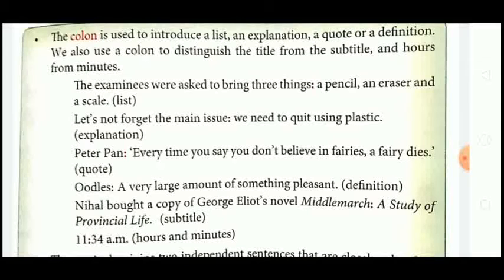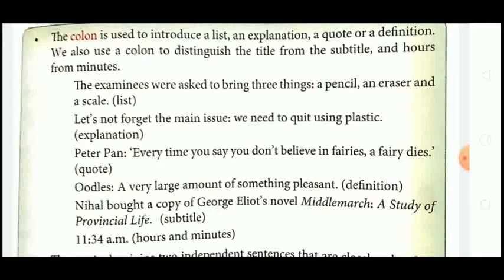Nahal brought a copy of George Eliot's novel Middlemarch: A Study of Provincial Life. Here, subtitle. To show the subtitle: the main title of the novel is Middlemarch, that is the name of the novel, and the subtitle is A Study of Provincial Life.